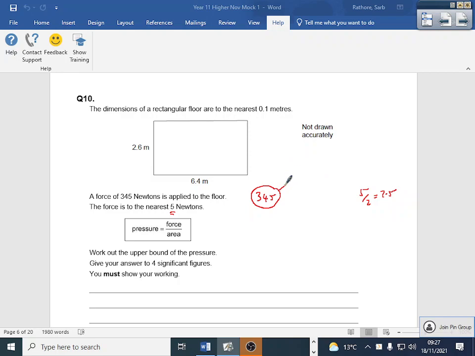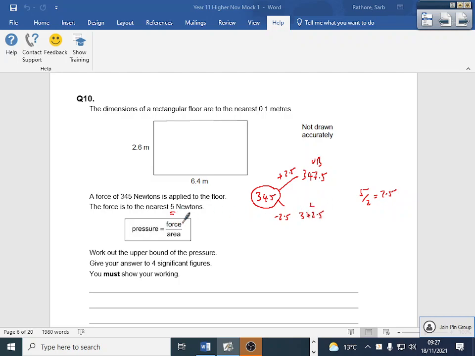Then you do plus 2.5 to get the upper bound, and minus 2.5 for the lower bound. So the upper bound for the force is 347.5. The lower bound is going to be 342.5.